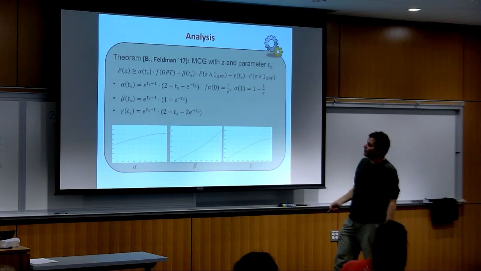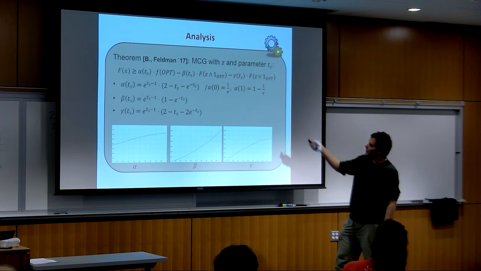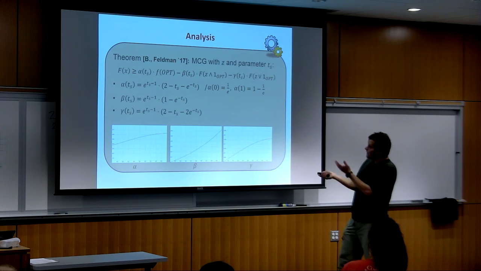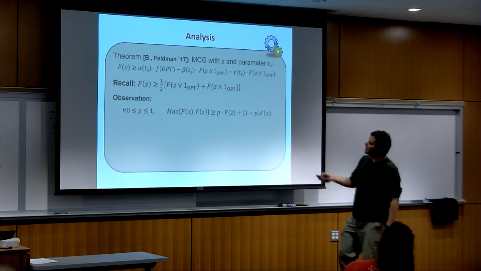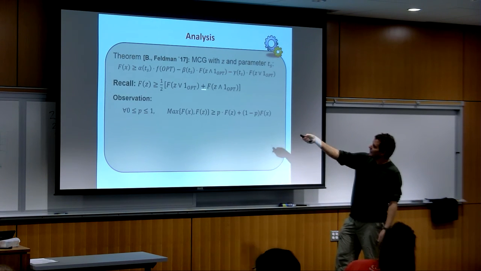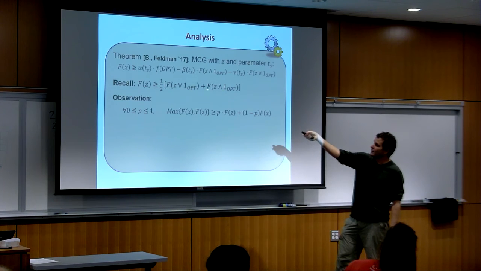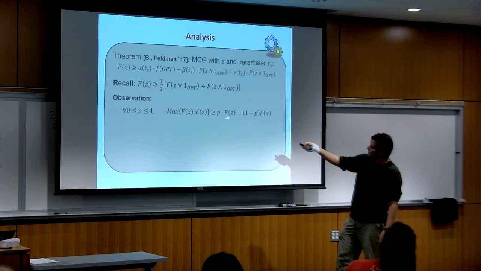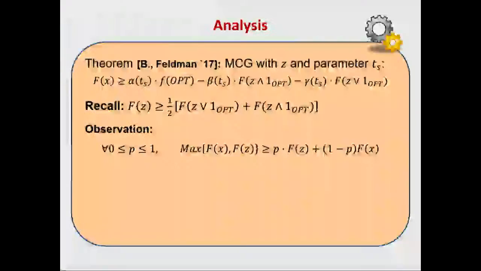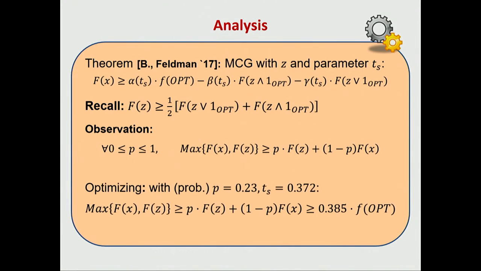I put these with a minus because beta and gamma are positive. But if you see such an equation, you see immediately that you can combine. Here you have positive value of z and opt and z intersection opt, and here you have negative value. So you can take a combination of these two, and if you choose the right combination, you get this 38.5, which is the best value until now.